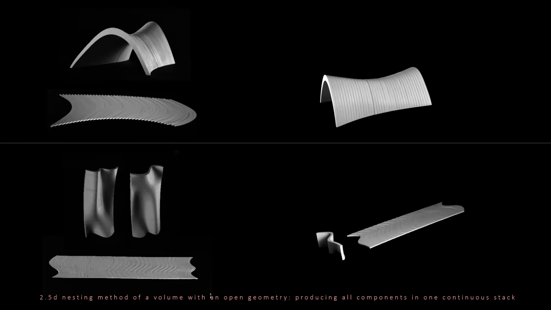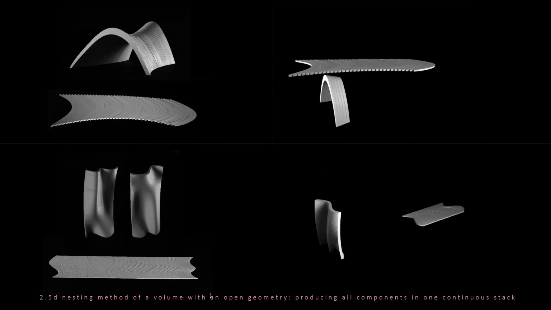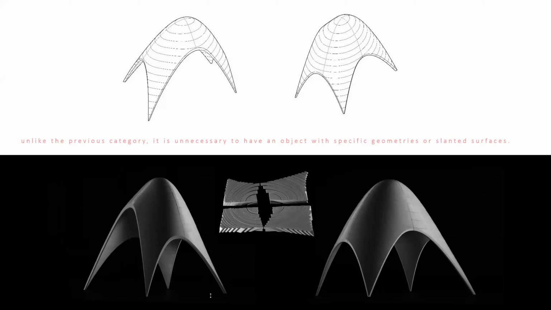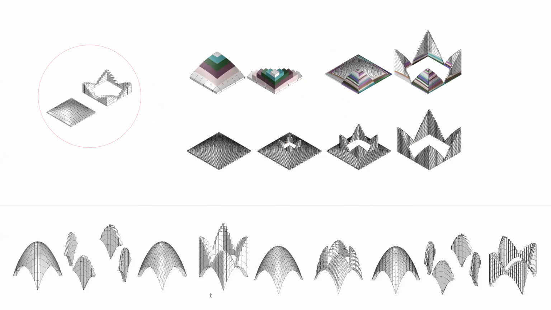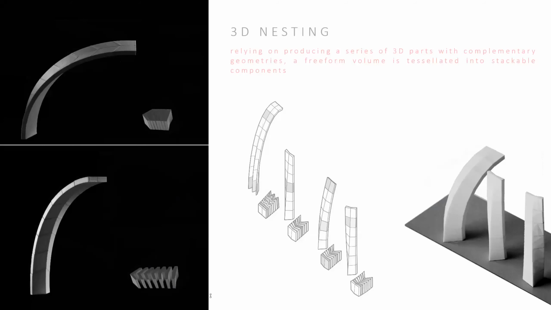If you're interested in learning about this, we published this year in Acadia, and we talked about the techniques, but it's more about how you break the overall geometry into segments and design the components. So I'm going to go faster. In 3D nesting, we have more freedom.